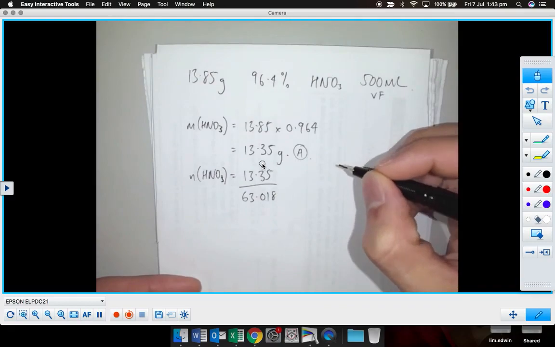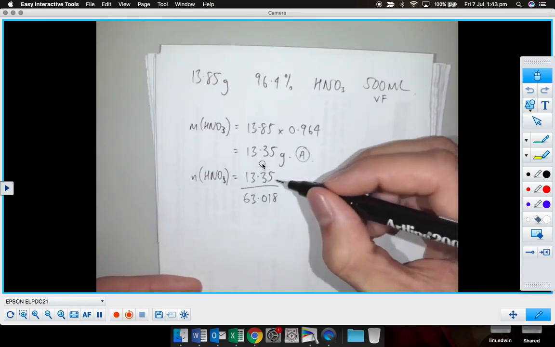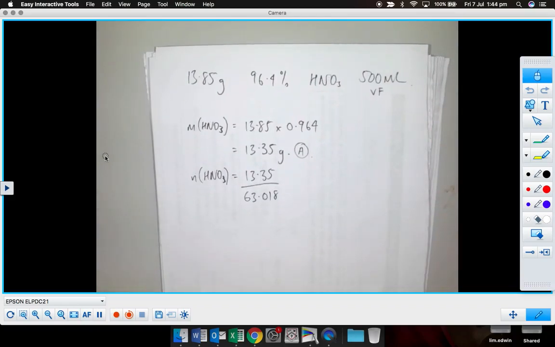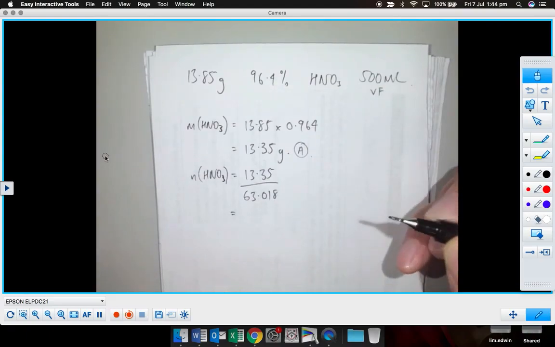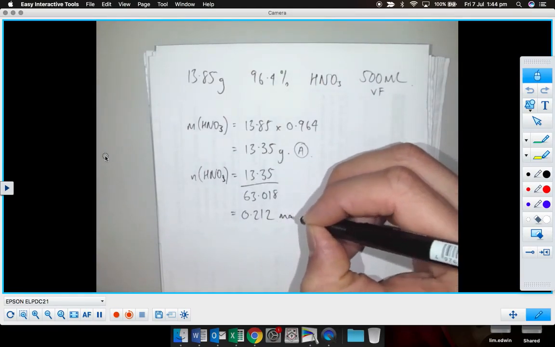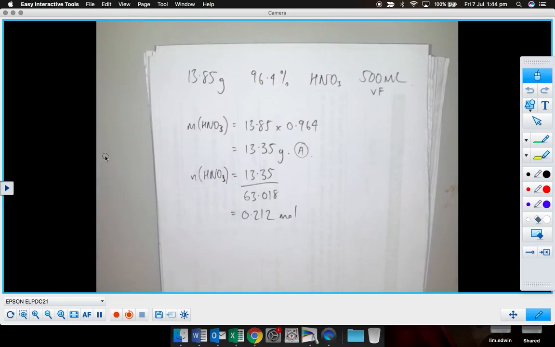Now, if I was just to retype in 13.35 into the calculator, then I'd have the incorrect number. I'd be off by a little bit. So I'm going to use A divided by the 63.018. So A divided by the answer is equal to 0.212 mole. And I'm going to save that to B.